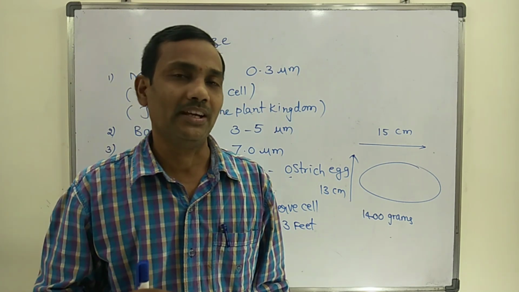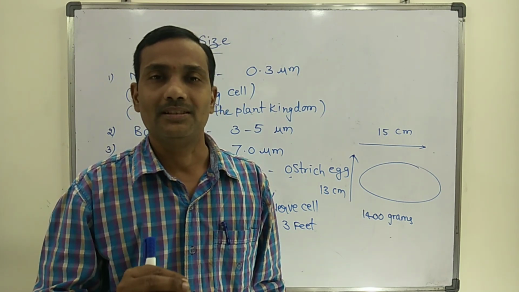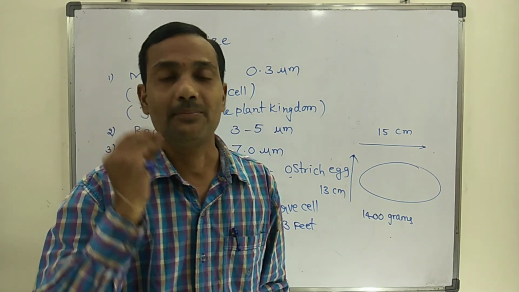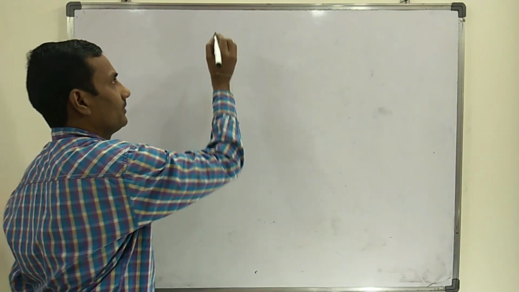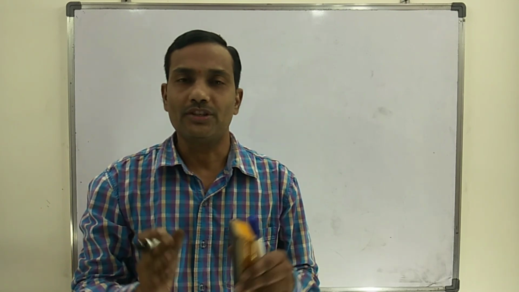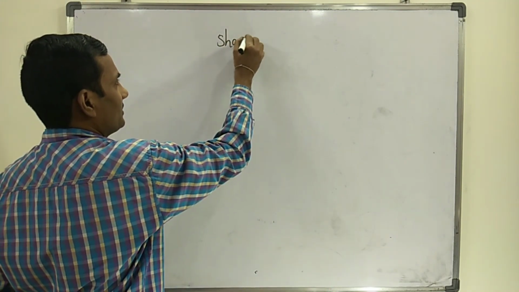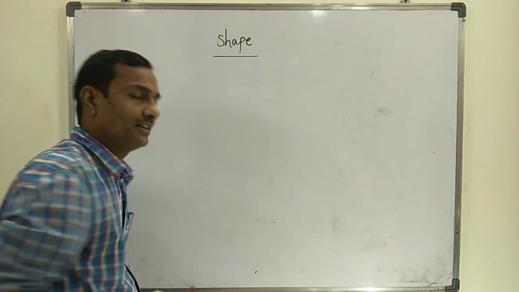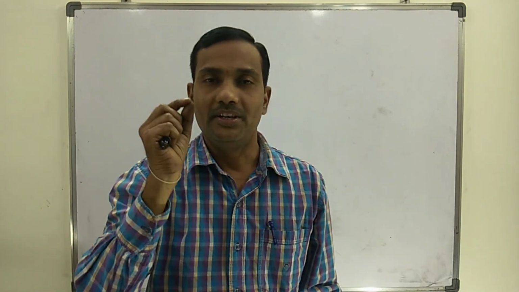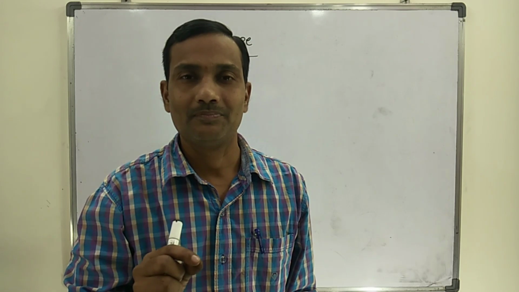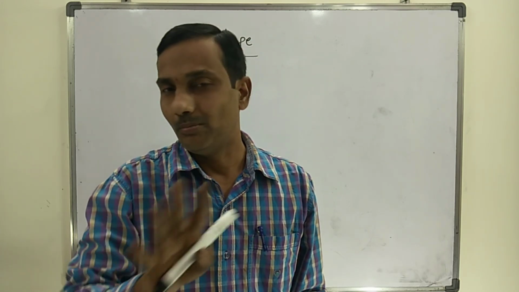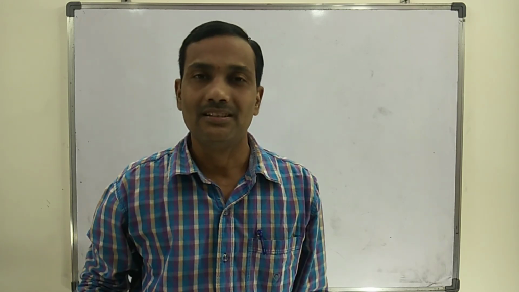Now I am going to explain one more topic, the different shapes of the cells. Different living cells have different shapes, but they do not have one single shape.